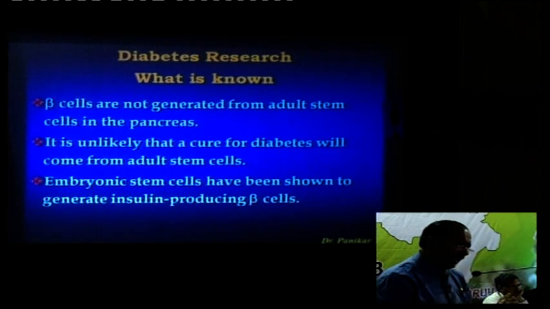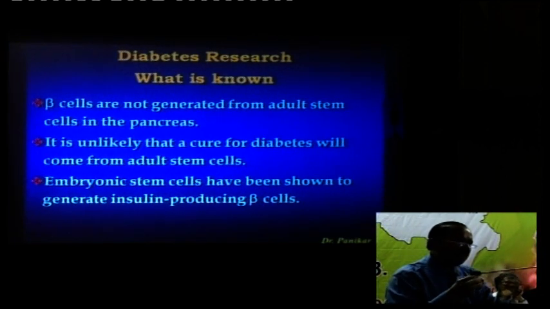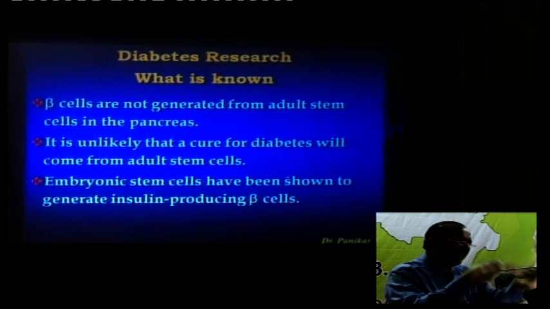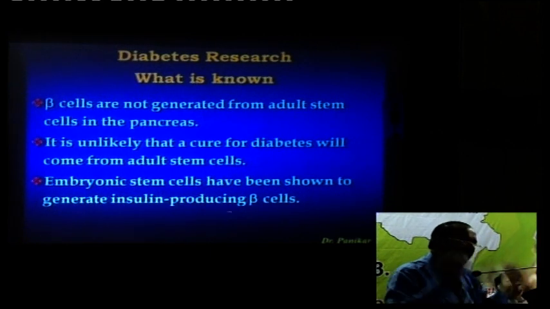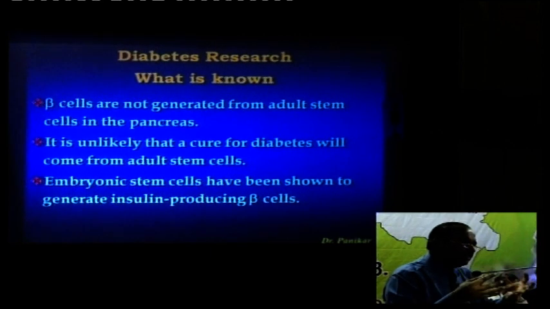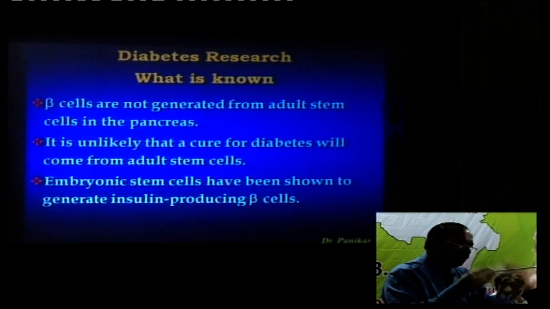In fact, they have developed beta cells from embryonic stem cells. Those cells look exactly like beta cells and they have insulin, but they don't have the sensors to secrete insulin when they have to. And these cells keep on multiplying, and the possibility of malignancy keeps coming in.